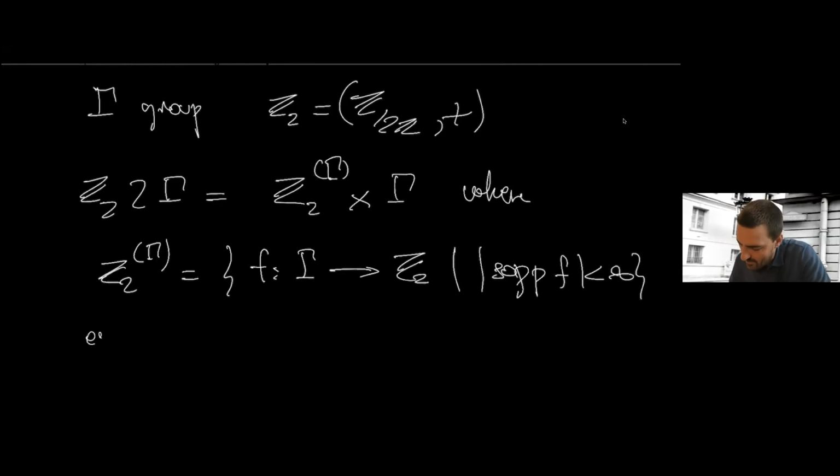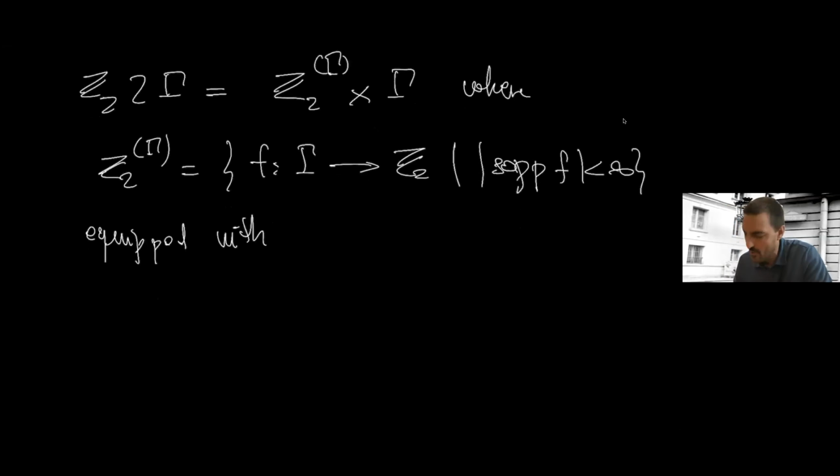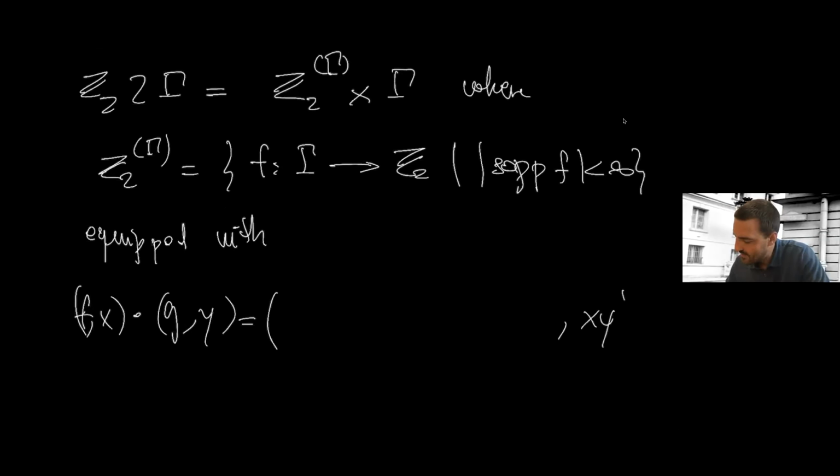And so you can equip this product with the following operation. If you look at two elements (f, x) and (g, y), the group product is the following. For the second coordinate, you just take the product in the group gamma, and for the first coordinate, here you're dealing with functions, so you can define the following function.